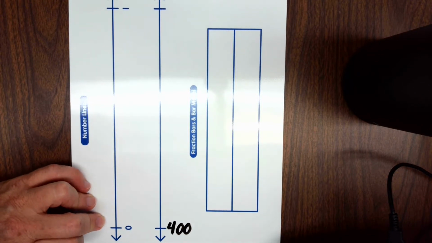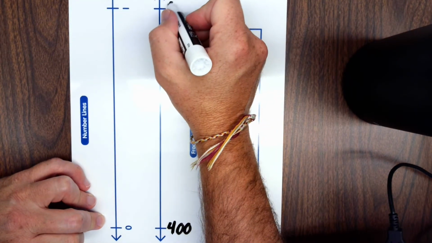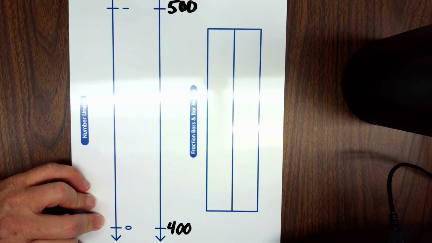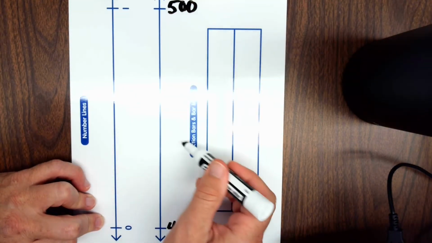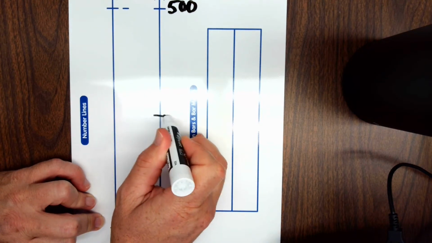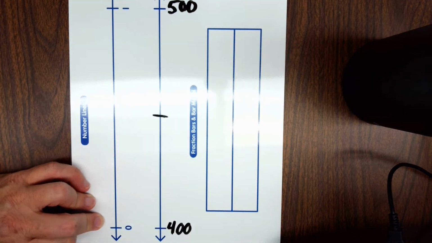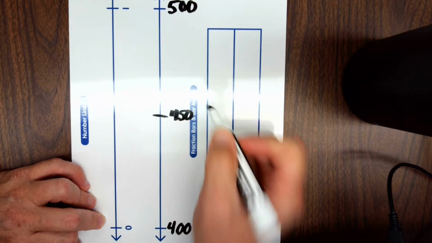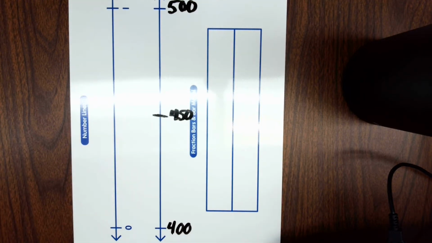And on the top line, it will be 500. Then in the center of my vertical number line, I'm going to put another hash mark. And that mark is going to be halfway, so 450.